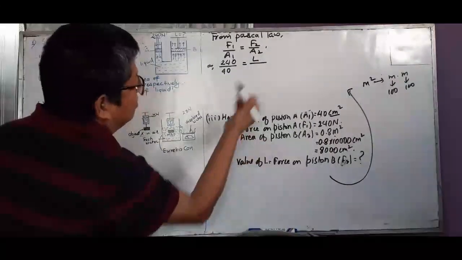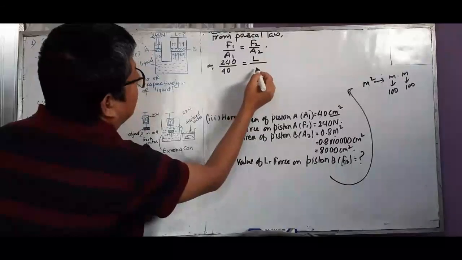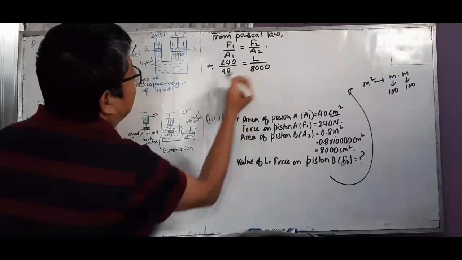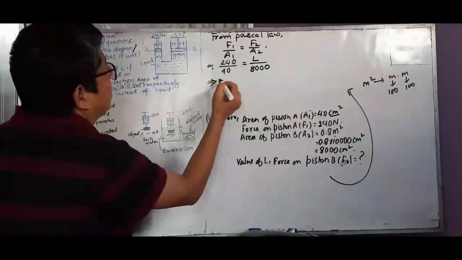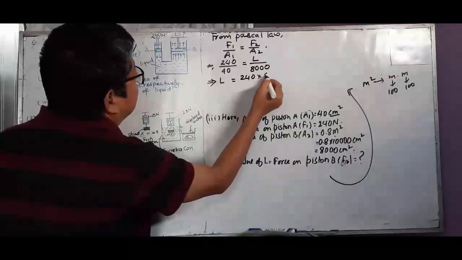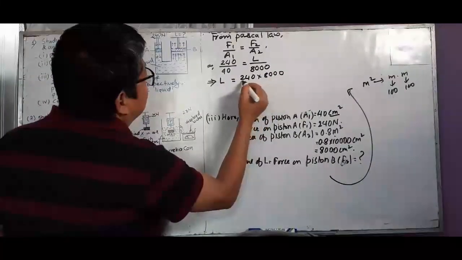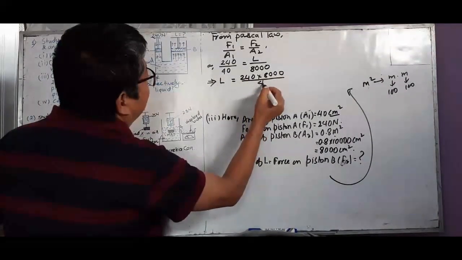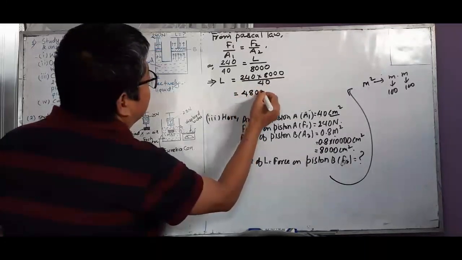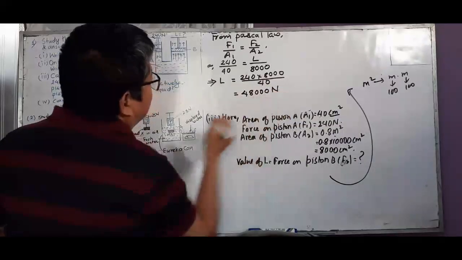And the area of piston B is 8,000. So by cross multiplication, L equals 40 times 8,000 divided by 40, and this gives 48,000 Newton.